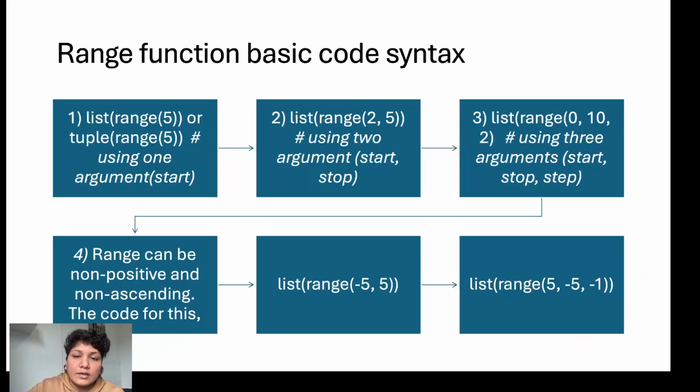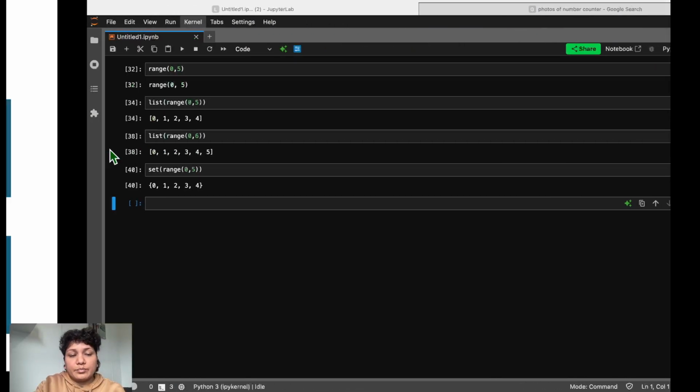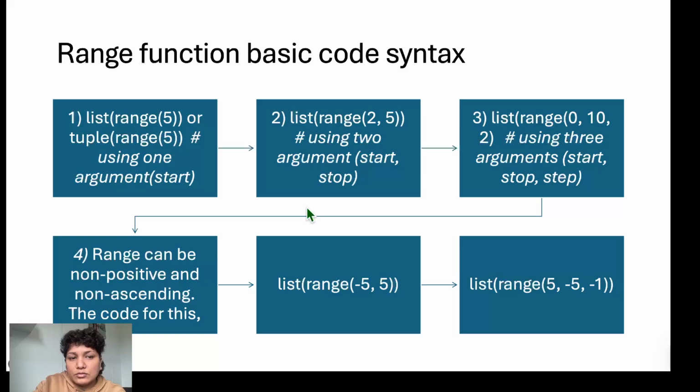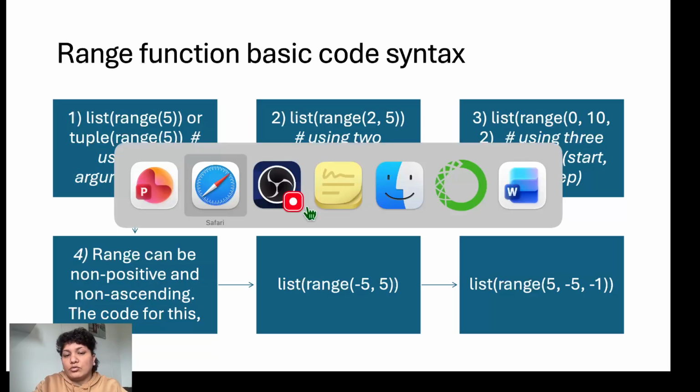Now going forward, about the syntax which can come in the range function. The first one is list range 5, tuple range 5. So we are using one argument over here. If you're learning it for the first time, write your own code and figure it out yourself, and don't even use the code book.